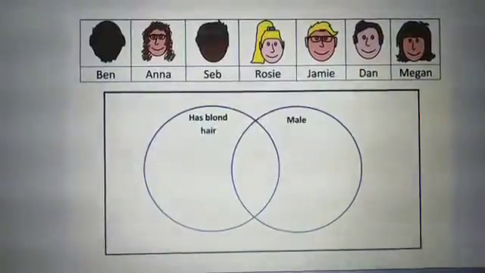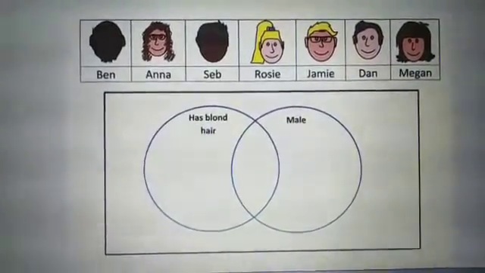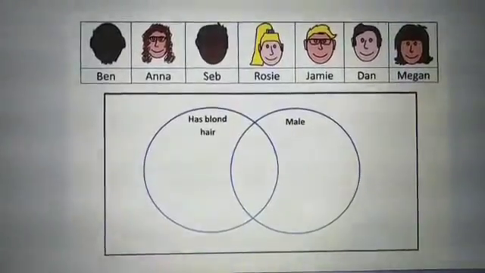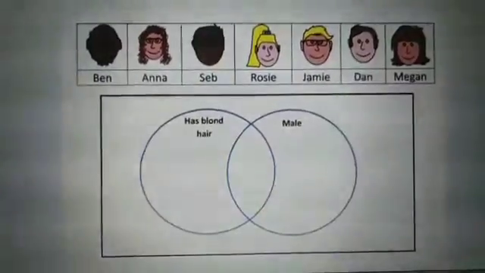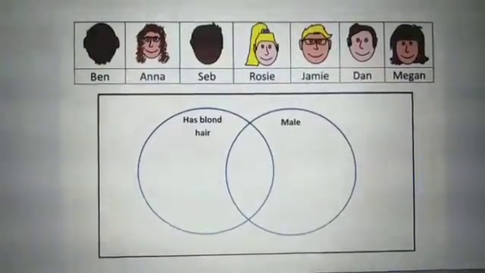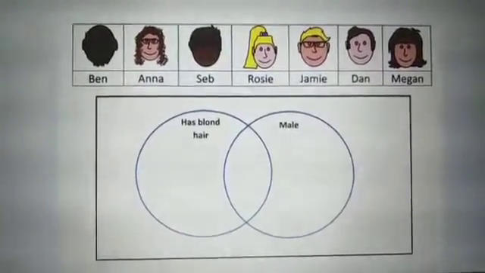Outside both circles will be for people who are both not male and don't have blonde hair. Try to find out the difference between the answers of this Venn diagram and the previous Venn diagram.